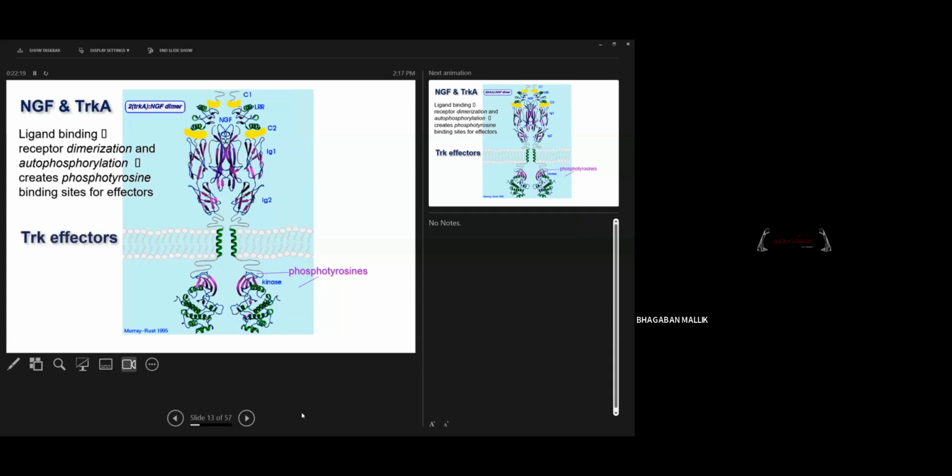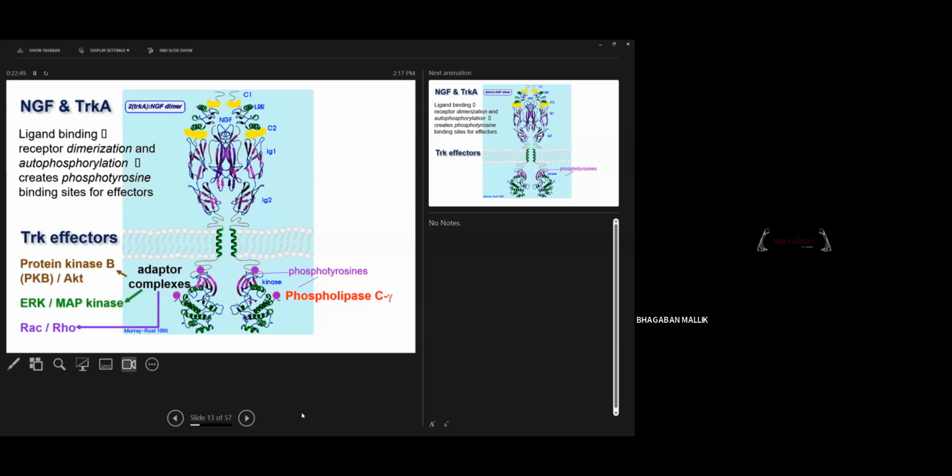Then on the intracellular side, you have this kinase domain, which phosphorylates phosphotyrosine residues. They can phosphorylate each other, which is autophosphorylation, and they can also be phosphorylated by phospholipase C. After phosphorylation, the intracellular domain gets activated and can recruit its effectors.